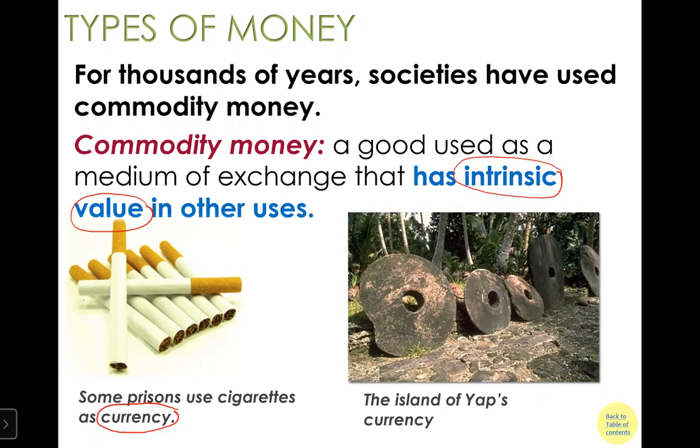These cigarettes are identical, so that's a good unit of account. But certainly it has its limitations. Let's wait for the next slide to understand the limitations of using cigarettes, or generally the limitations of using commodity as money.